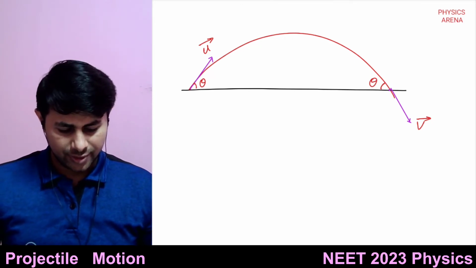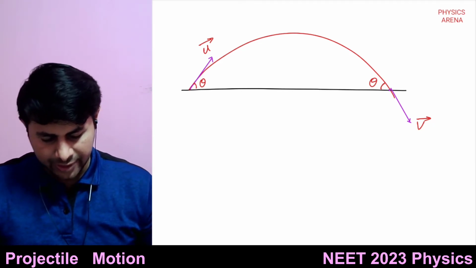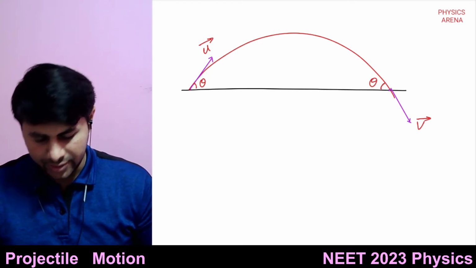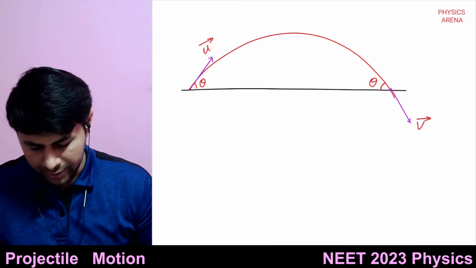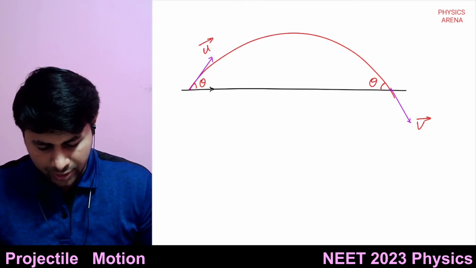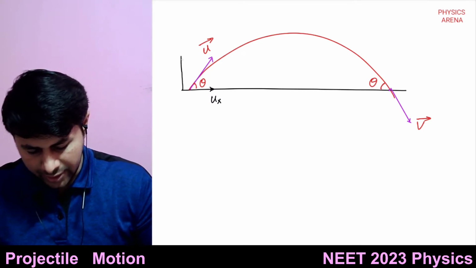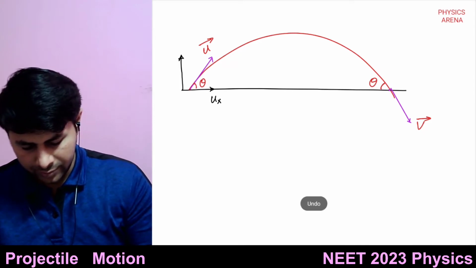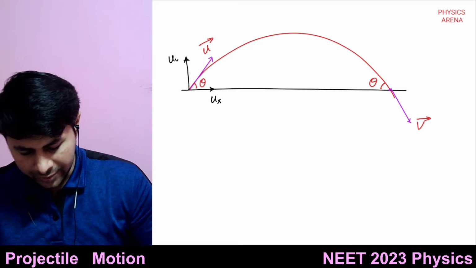So see here, this theta can be written in terms of ux and uy. You resolve this in two components. This is ux, this vertical component is uy.